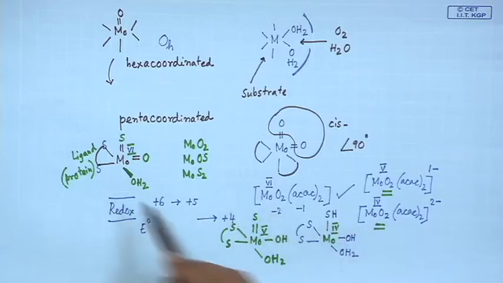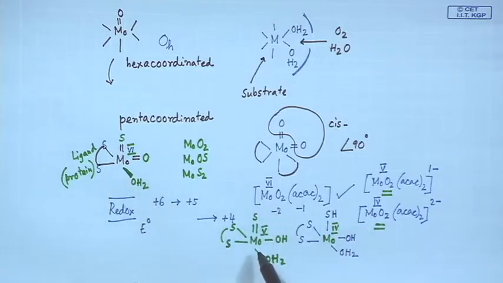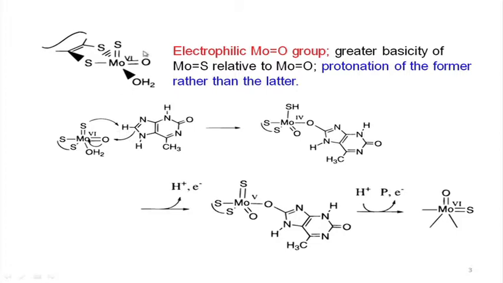So, these three stages. If we go for reduction from molybdenum 6 to molybdenum 5 and molybdenum 5 to molybdenum 4, we are getting the corresponding modification on this oxo function and thione function. That means, these two will also be converted to OH function and SH function. So, this particular environment is available.